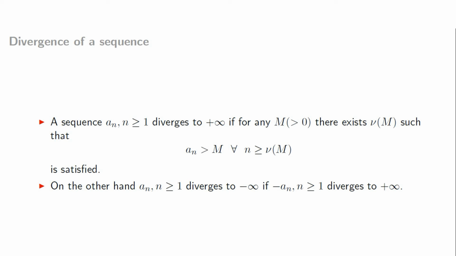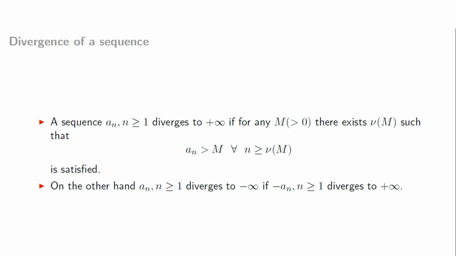A sequence a_n diverges to plus infinity if for any capital M, a positive quantity, there exists a ν, which is a function of capital M, such that a_n greater than M for all n greater than or equal to ν(M) is satisfied. On the other hand, a_n diverges to minus infinity if minus a_n, the new sequence, diverges to plus infinity.